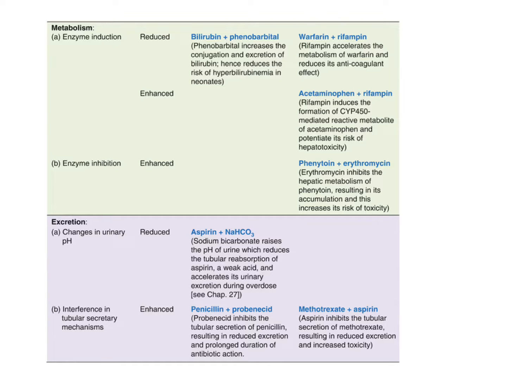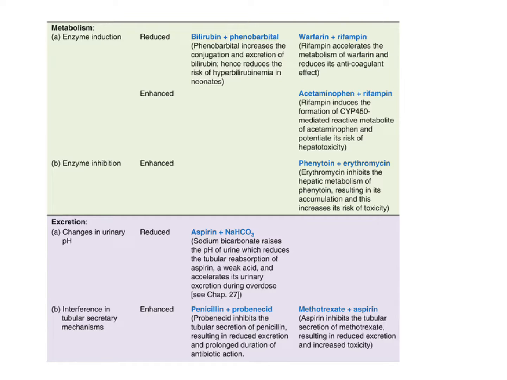Another mode of pharmacokinetic interaction is interference in excretion. Excretion mainly happens through urine. So any change in the pH of the urine, or any change in tubular secretion, may alter the degree of excretion of the drug or the metabolites. For example, aspirin and sodium bicarbonate.